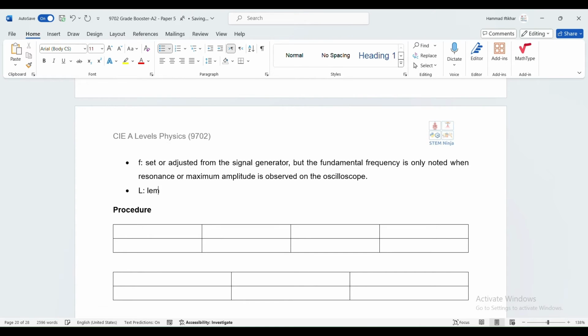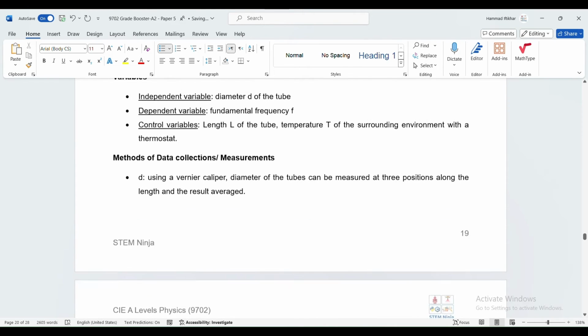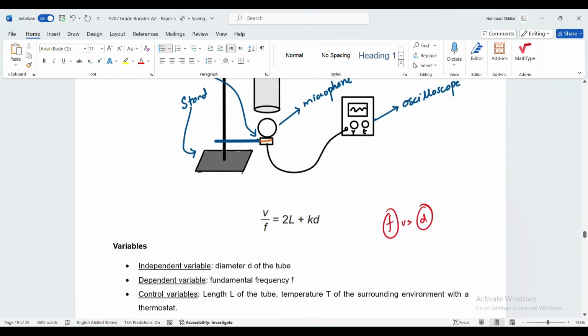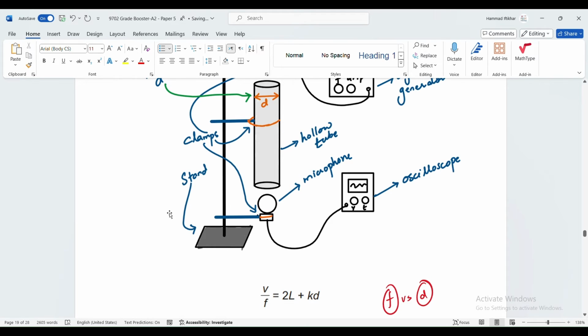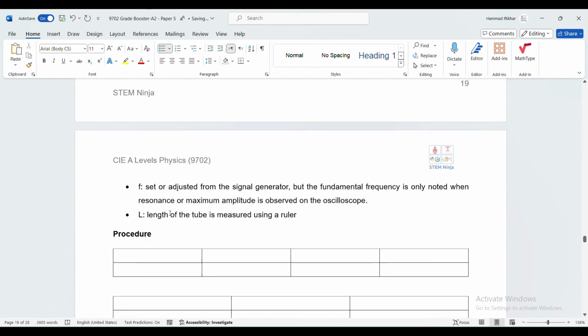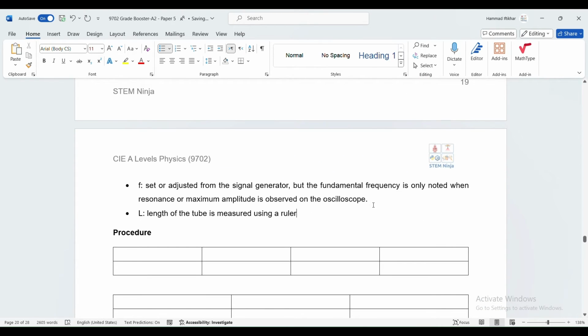The length of the tube is measured using a ruler.